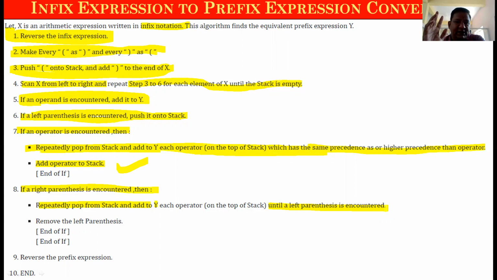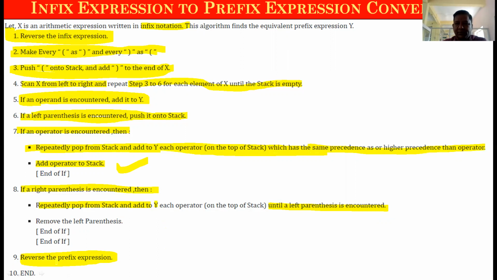I hope you are getting this. Then you remove the left parenthesis, and at the end, once again, you have to reverse the prefix expression.